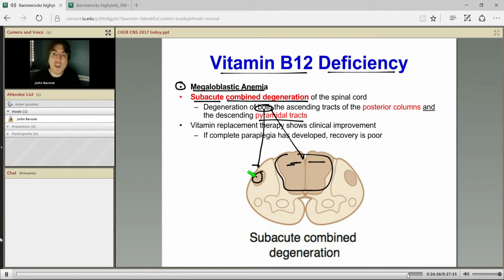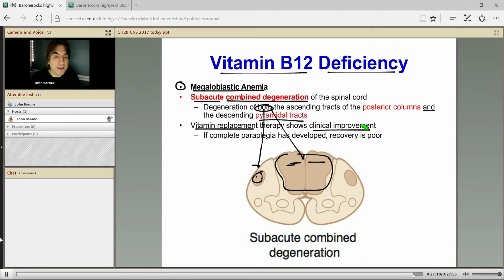But here's the rule. B12 deficiency can give you any neurologic problem under the sun, even dementia. But the most common is motor. So wrist drop and foot drop is most common. But you can get any problems. Position sense, vibratory sense, sensory loss, ataxia, dystaxia, you name it, they can get it.